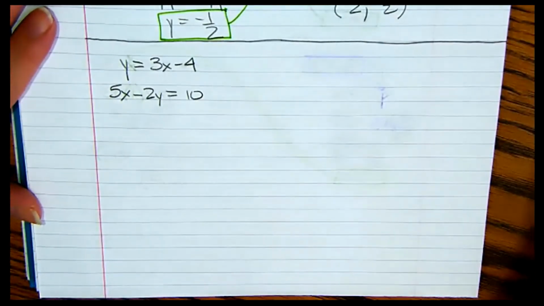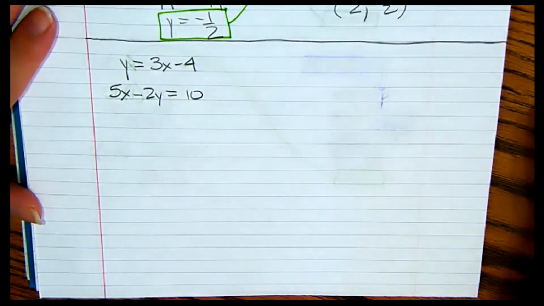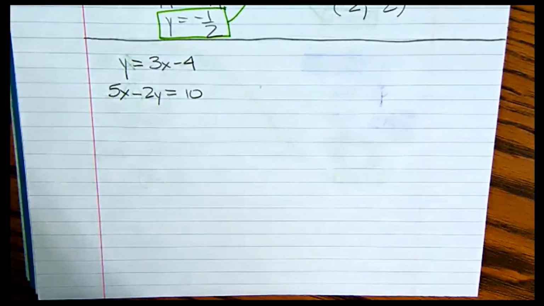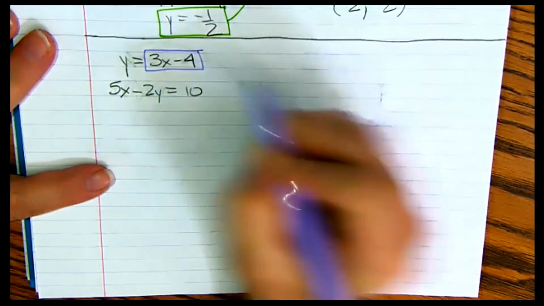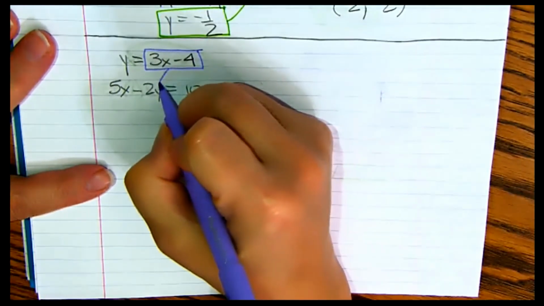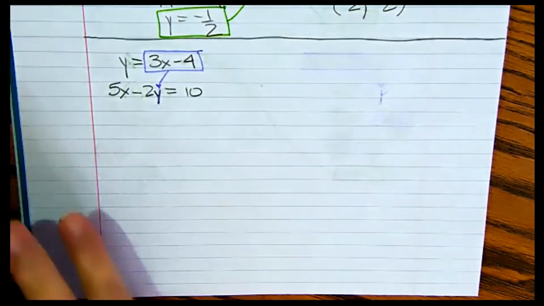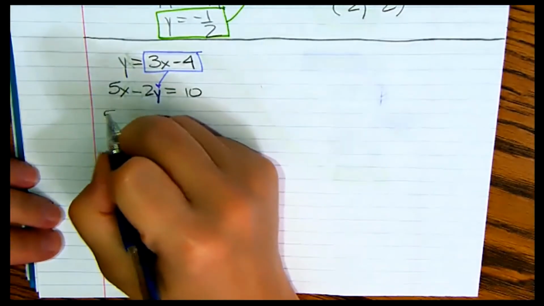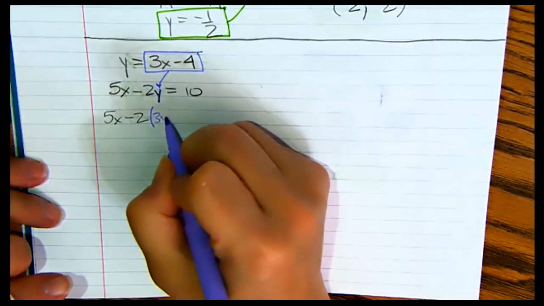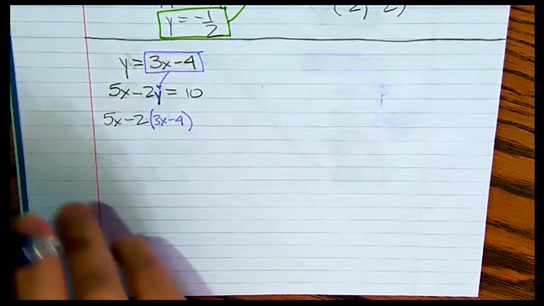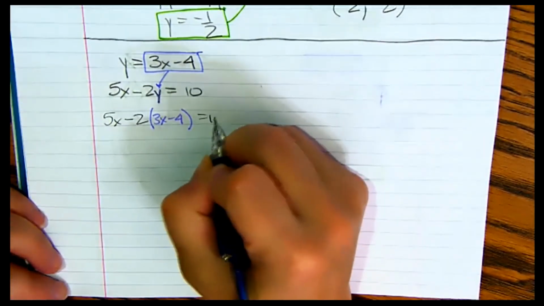Okay, let's go ahead and solve this. I am going to substitute 3x minus 4 for y. So 5x minus 2 times 3x minus 4 equals 10.